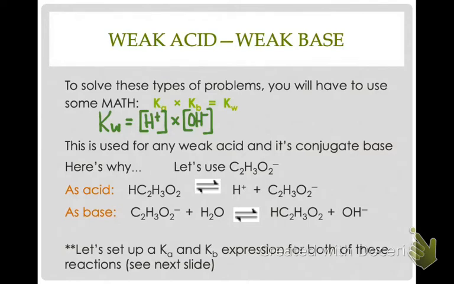When we look at the acetate ion and we think of it as an acid, acetic acid, as we can show here in this first example that I've starred, you can see that the hydrogen ion dissociates to form the acetate ion, and then you can also see the acetate ion acting as a base in the reverse reaction, where it's going to actually take a hydrogen from the water and reform the acetic acid.